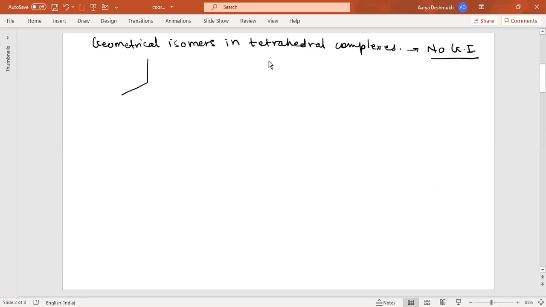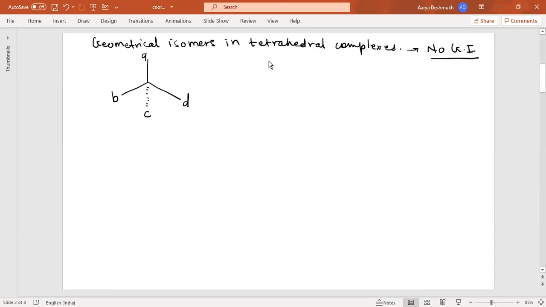This is the tetrahedral structure. If you draw it this way, with the dotted line on the other side of the screen, these are the four ligands attached to the metal atom.